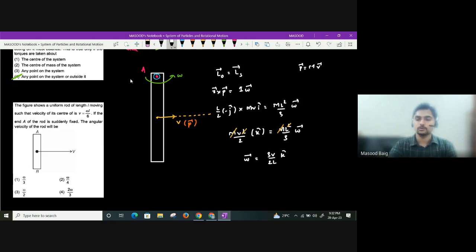When will direction be outward? When the sense is anti-clockwise, guys. So I can write omega bar as 3 divided by 2L, and V value is already given as omega L by 6. So I'll get the answer as omega by 4, guys. Clear to all of you? It will be omega by 4 K cap. K cap means sense should be anti-clockwise.